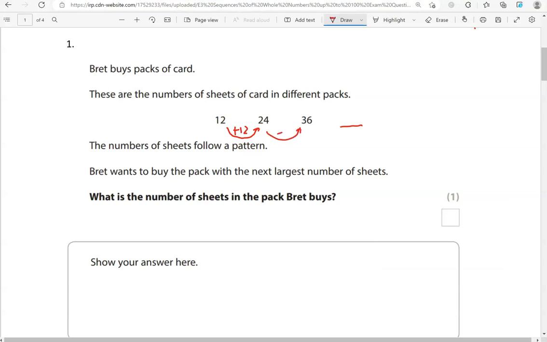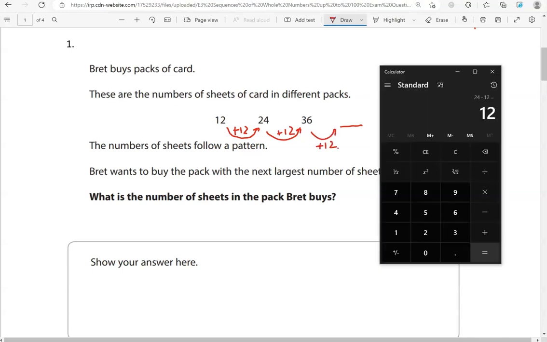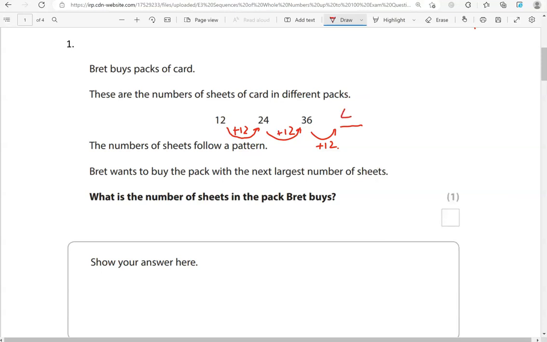This should be the same at 12, and this should be the same. But let's just double check. So if you do 36 take away 24 gives us 12. So we are on the right track. So 36 now, add 12 to find the next number, and that's 48.